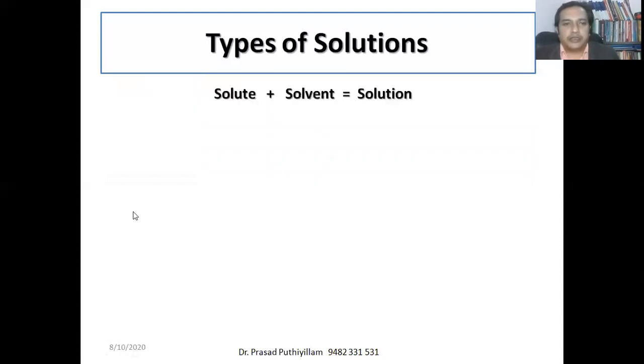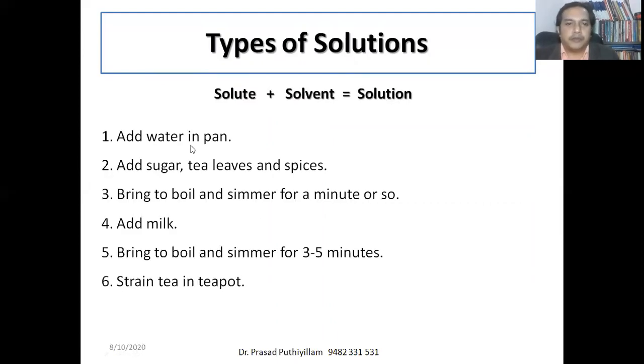Now here we can see the solute particle mixes with the solvent, then we get the solution. Say an example is taken here. This is not a complicated example: how to make tea. Nowadays everyone knows how to make tea. This example is taken because it is more convenient, everyone knows about it. Therefore, which is the solvent?